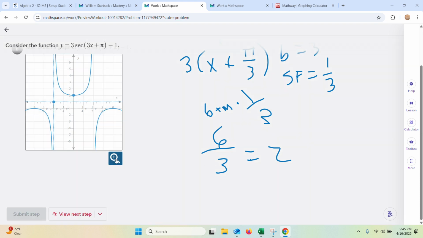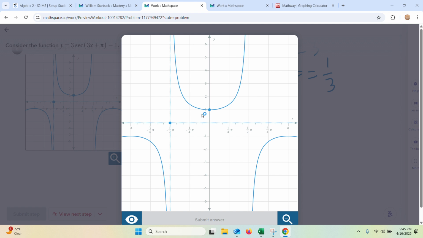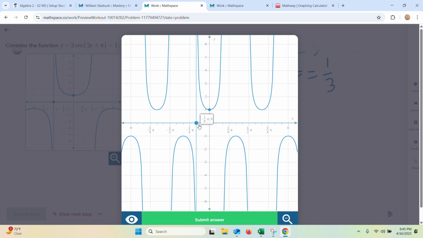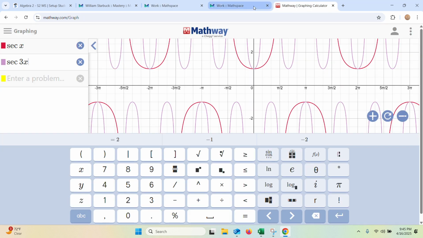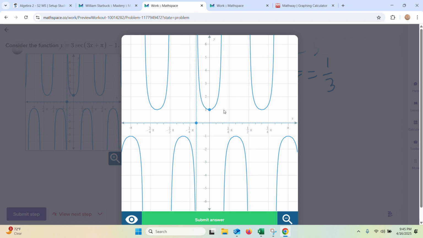So I'm going to move this guy closer by 2 tick marks. No, it has to be 2 tick marks from this one. So I'm going to move this guy over here. 1, 2. So that's skinny, like this one.